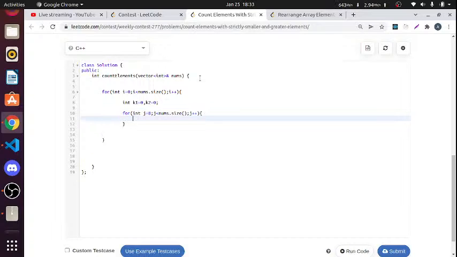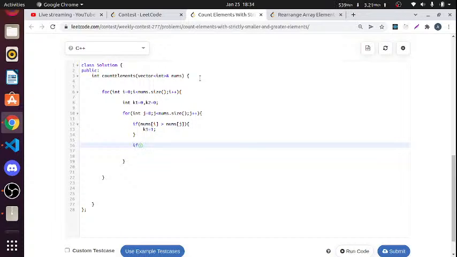Then we are just checking the value. If nums[i] is greater than nums[j], meaning there is a strictly smaller number, make k1 equal to 1, right?